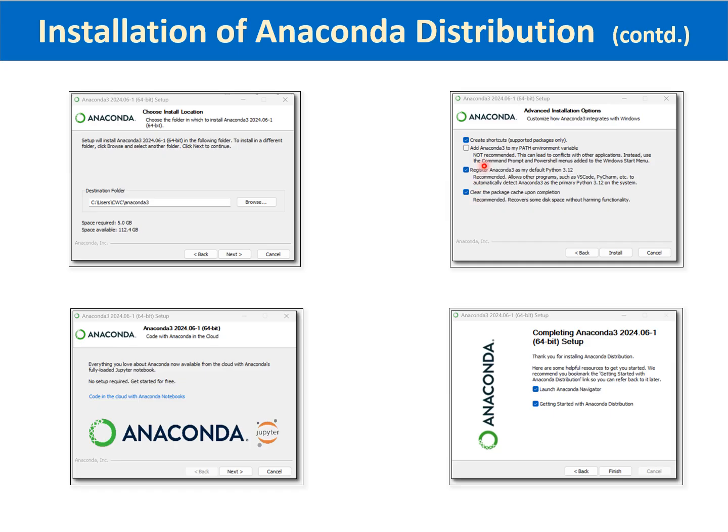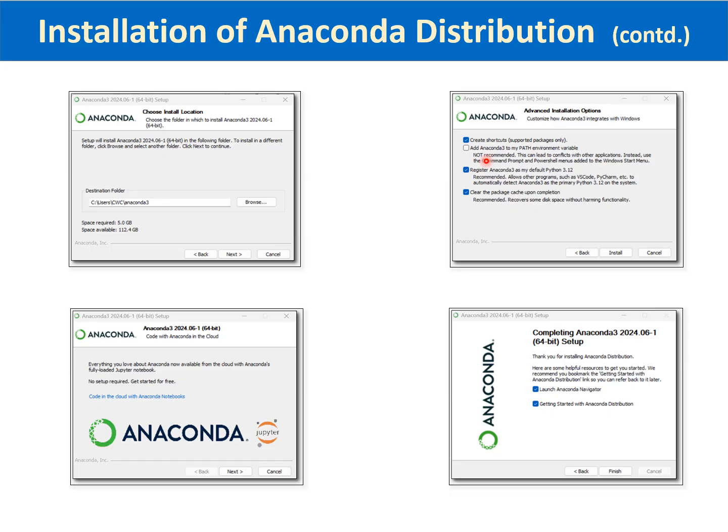So make sure you check this option of registering Anaconda 3 as the default Python, here version 3.12, which makes Windows automatically detect Anaconda as the primary Python version on the system. You leave out this option of add Anaconda 3 to my path environment variable.